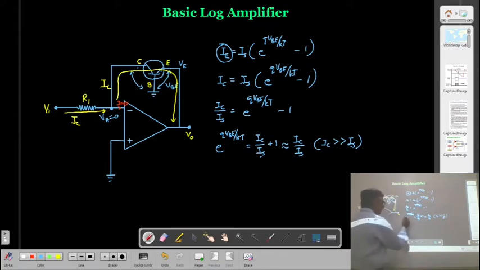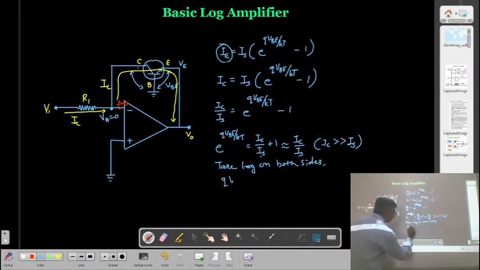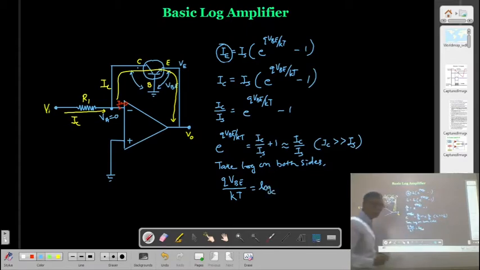So here this will be QVBE by KT. By taking this log, remember, here it is a natural log.